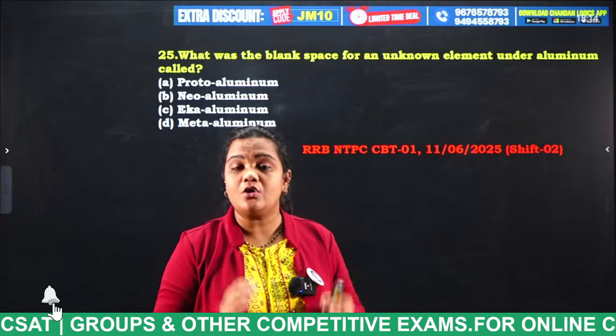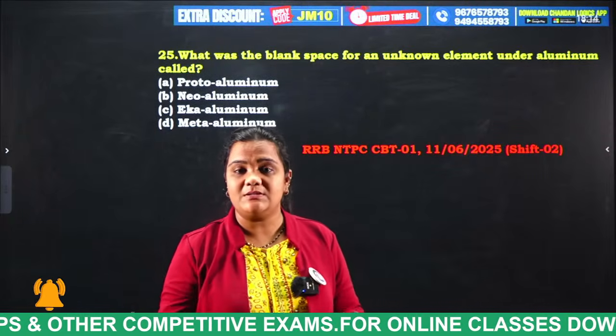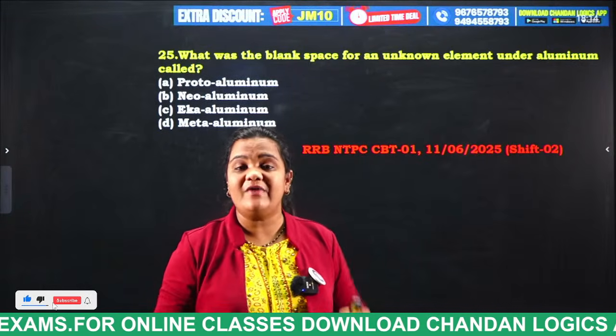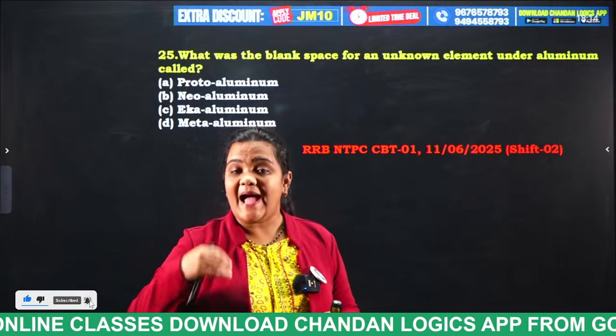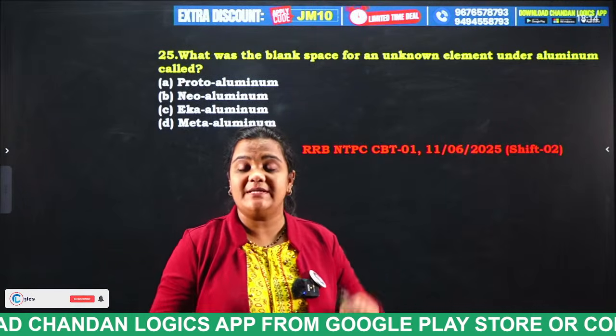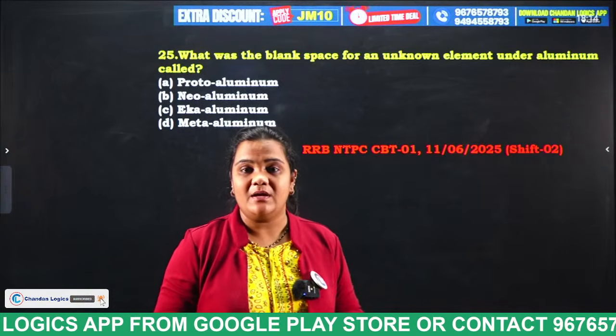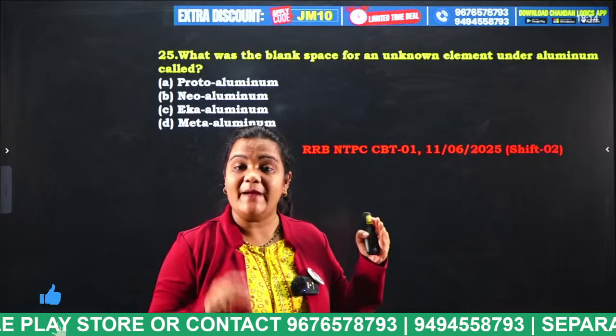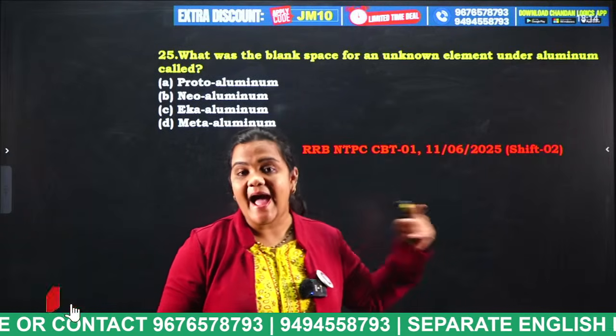He did not know where to place some elements, so he left those places empty. In the same way, the place below aluminium was left empty, because he did not know what to name that element. So he named that empty-spaced element eka-aluminium.